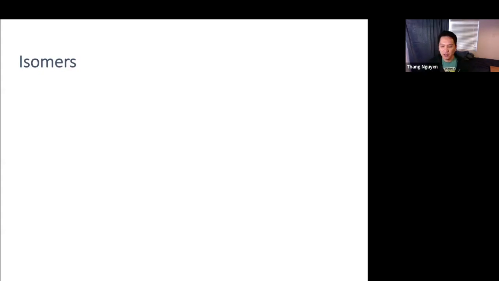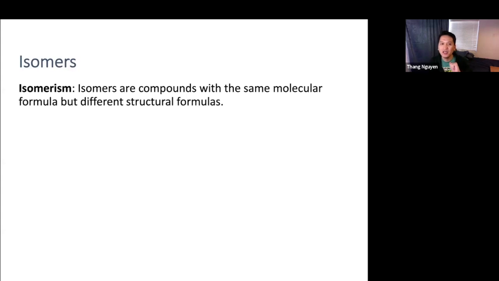So isomers are 2 molecules that are the same in some ways. They are compounds with the same molecular formula, so they have the same amount of atoms, but they differ in structural formula, as in their connectivity is different.